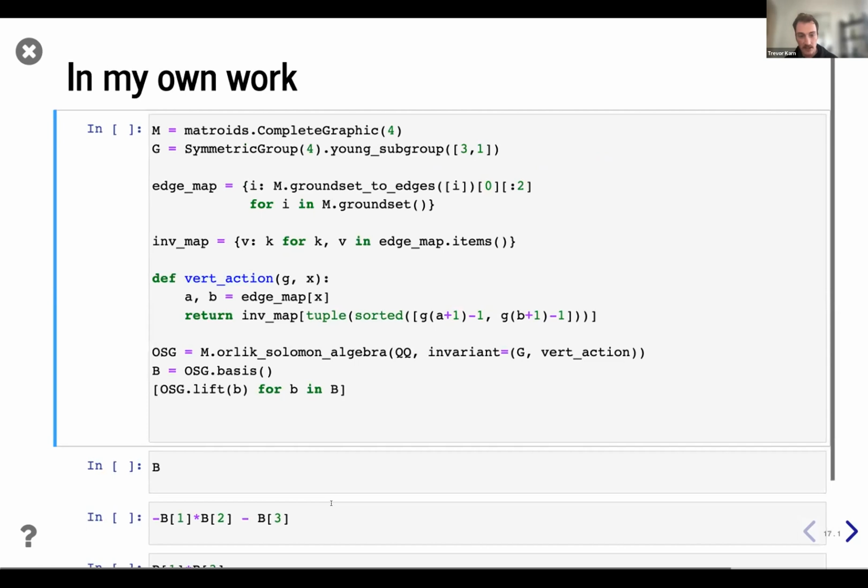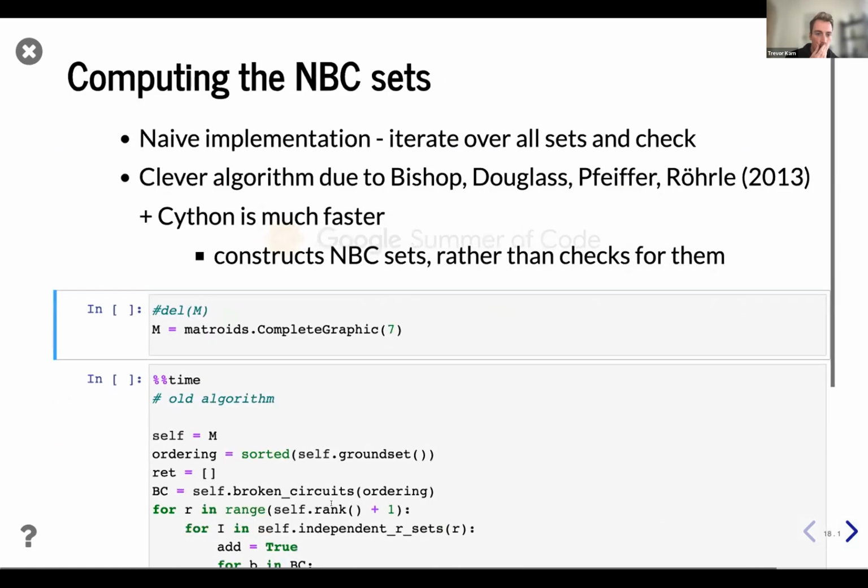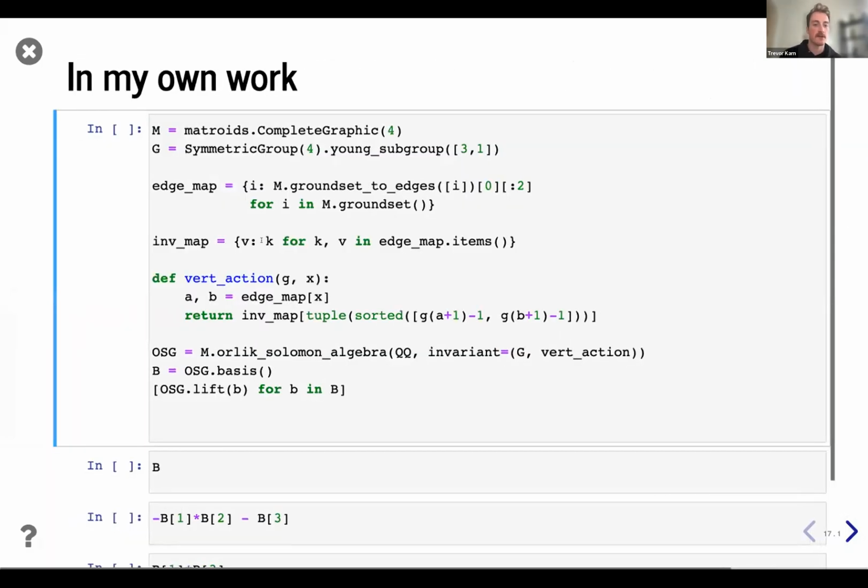I think I have enough time here to say quickly, well, let me think. Okay, so maybe I'll say quickly how I use this in my own work. Right now I'm looking at trying to understand how the invariants look for Young subgroups.